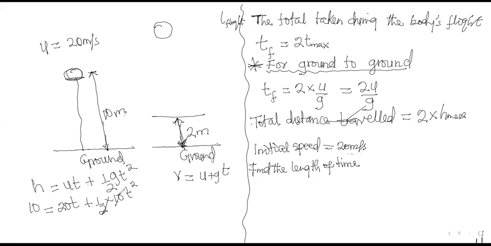So you have 5T squared plus 20T minus 10 is equal to 0. Therefore, T squared plus 4T minus 2 is equal to 0.